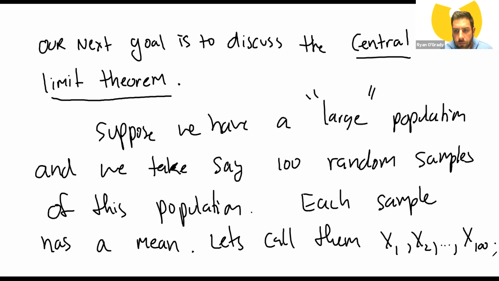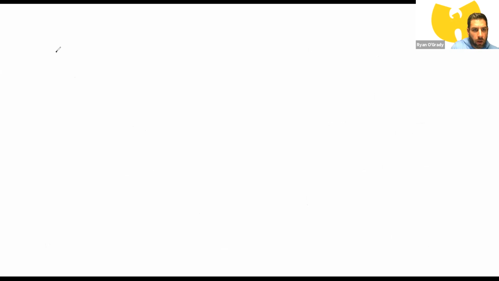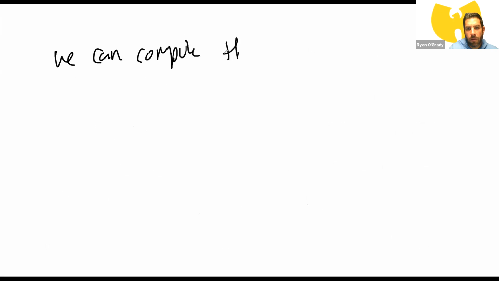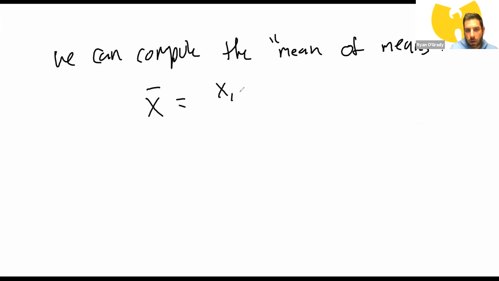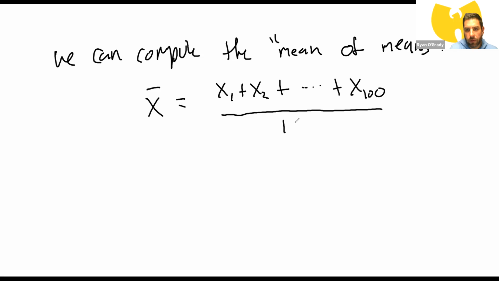So we can do the following. We can compute the quote unquote mean of the means, whatever you want to call it. Let's call it, like we did before, X bar, and that would be X sub 1 plus X sub 2 plus all the way up, I have 100 of them, and I would divide the sum by 100.